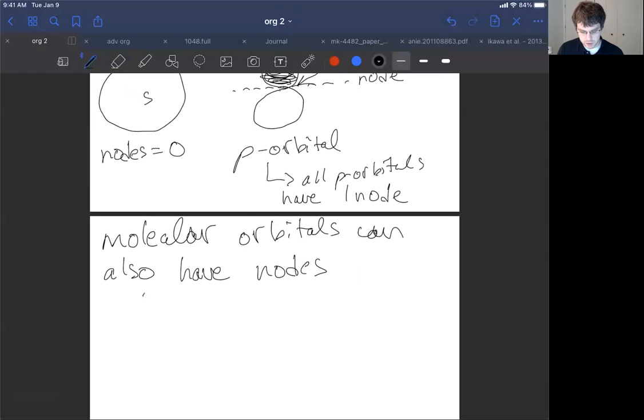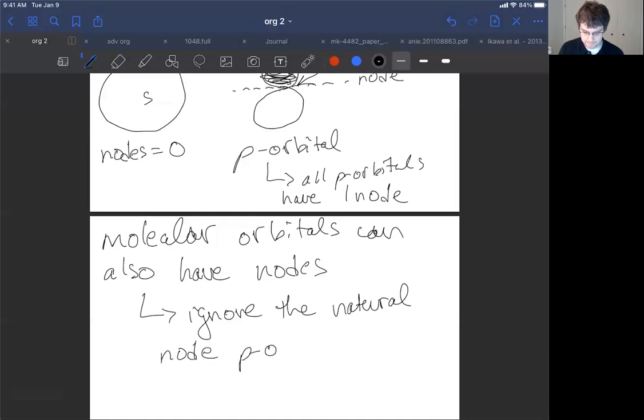But what we do is we ignore the natural node from the p atomic orbital. Okay, so let me say that again. Molecular orbitals can also have nodes, can also have color breaks. And when we count the nodes, we just count them whenever we see a color break, but we ignore where the colors bisect in a typical p orbital.